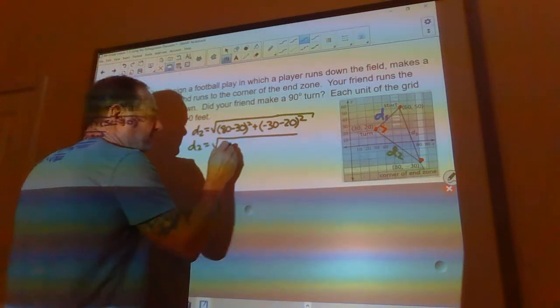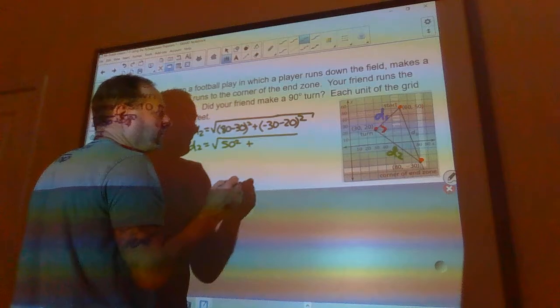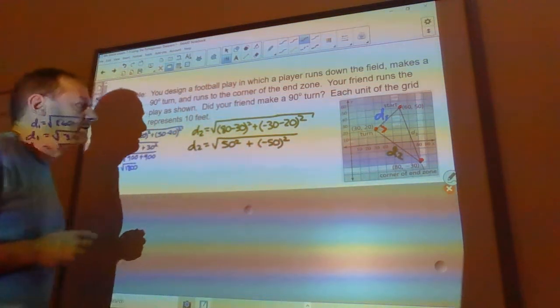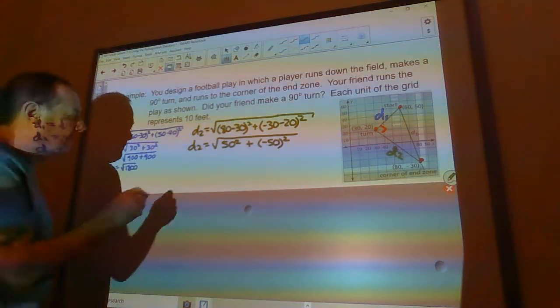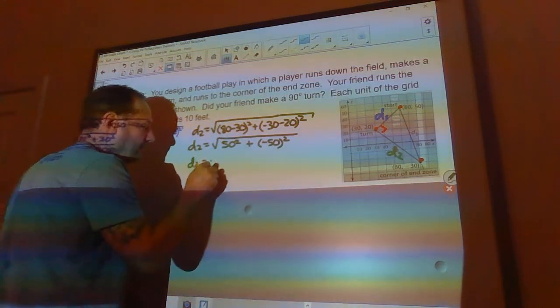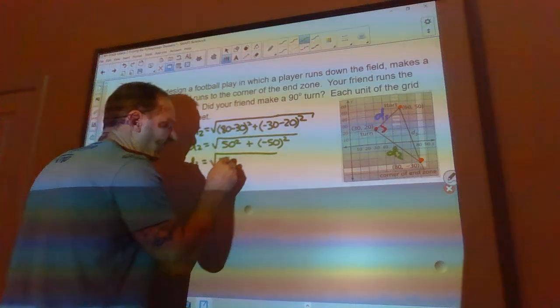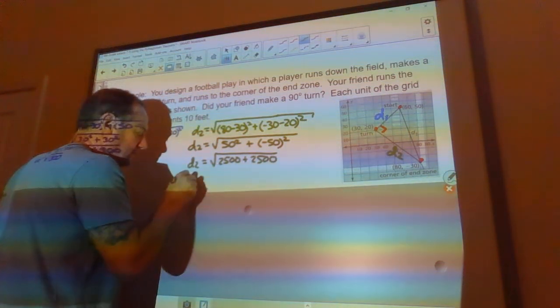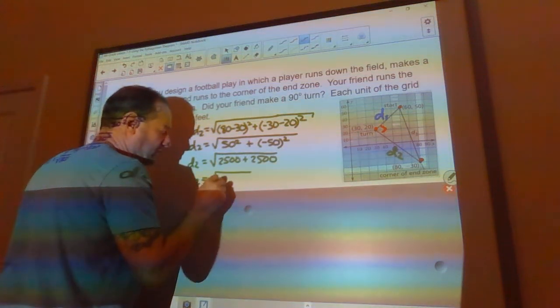So this is going to be 50 squared plus negative 50 squared. So this is 2,500 plus 2,500, which is going to be the square root of 5,000.